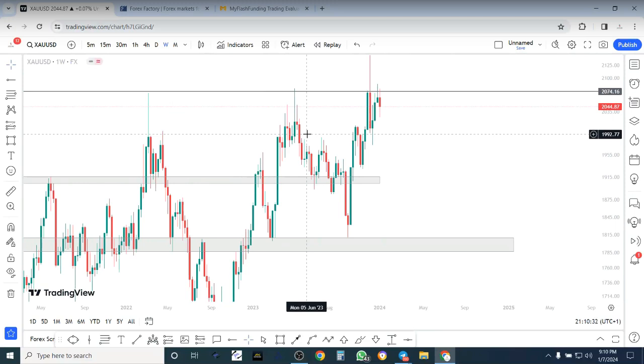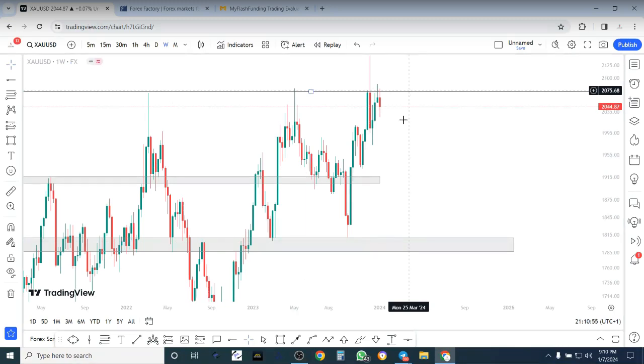So do we just ignore that? We can't. For me to say that gold is going to fall long term, even if the long term is just the next 1 or 2 months, we need to see a monthly bearish candlestick close at this zone. That's number one.